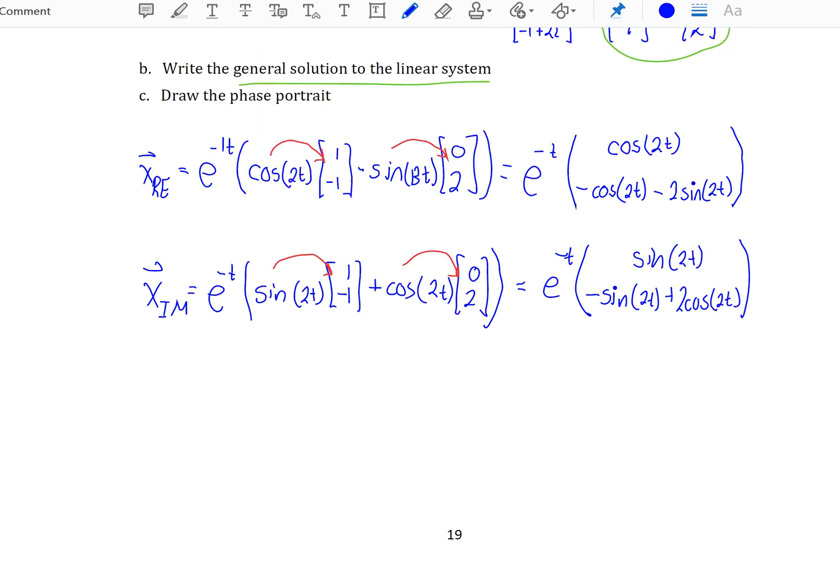So our general solution has to be a linear combination of these two solutions. I'm going to write it with the common factor of e to the negative t factored out.